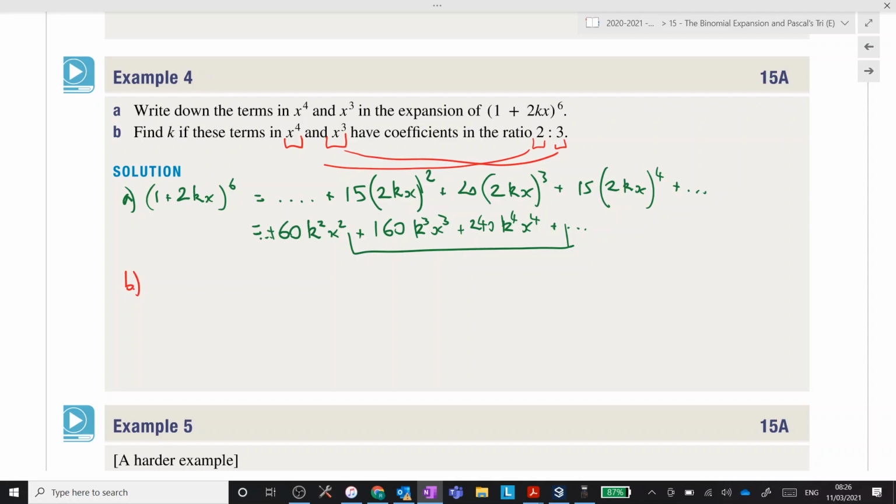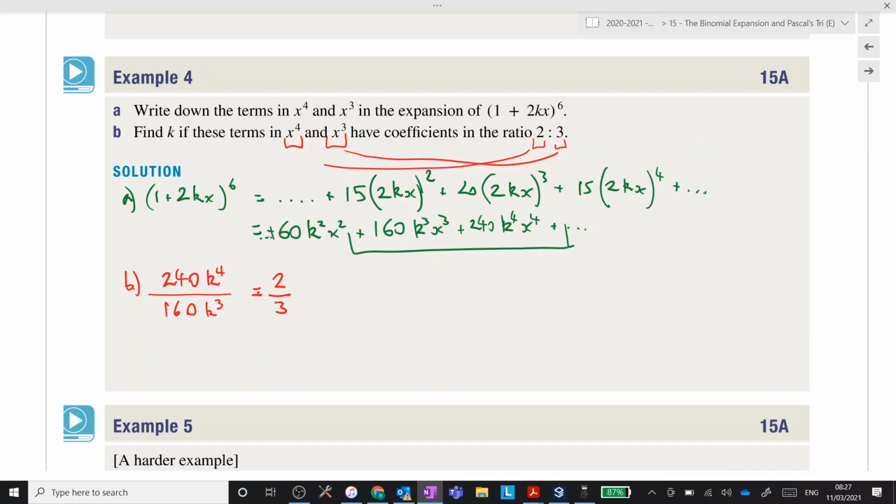We're all happy with that process. Okay, so we've got 240k to the power of 4 over 160k to the power of 3. Okay, and that's the ratio that it's in.